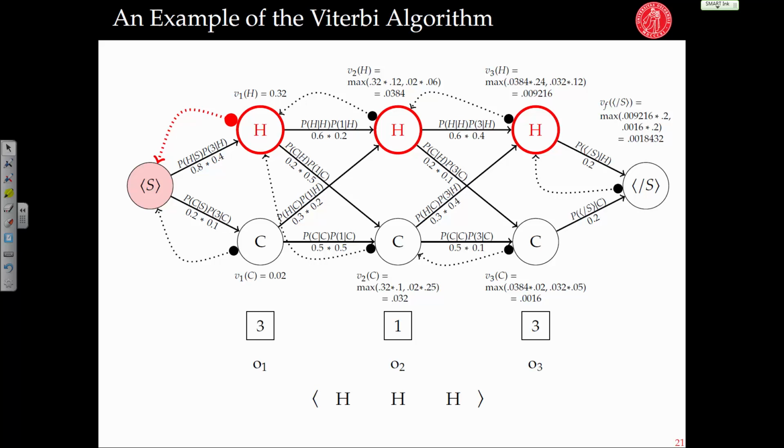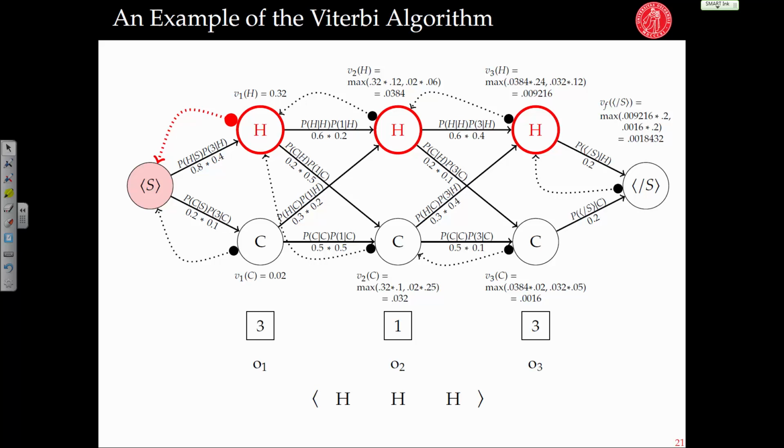So, what is? It is the same in this case, but these are just made up numbers.